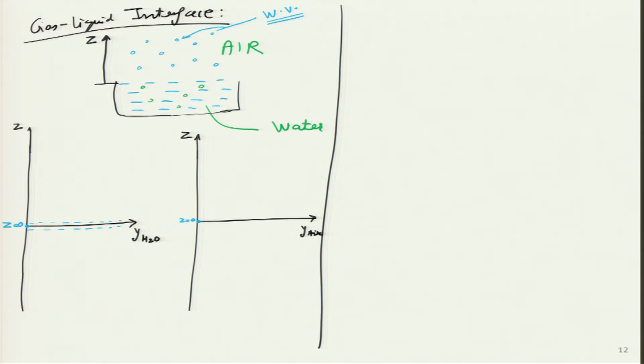For water in this graph, will Y H2O equal 1 at some point? I think inside water it will be very close to 1. So, let me make the mark for 1. Let us say this is the mark for 1. At some depth over here it will be very close to 1. So, this is the curve that we will get.